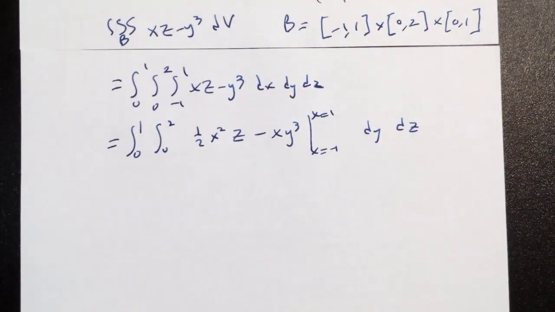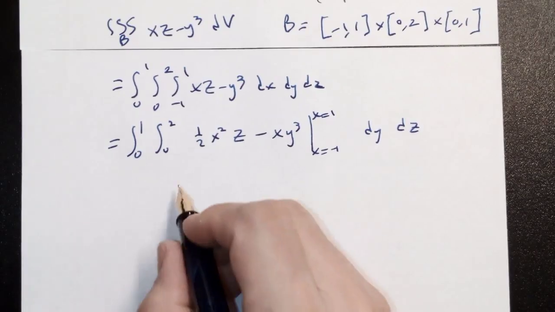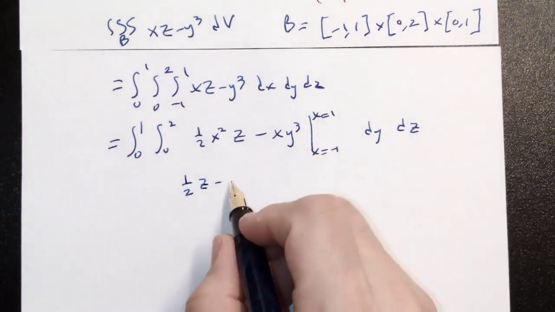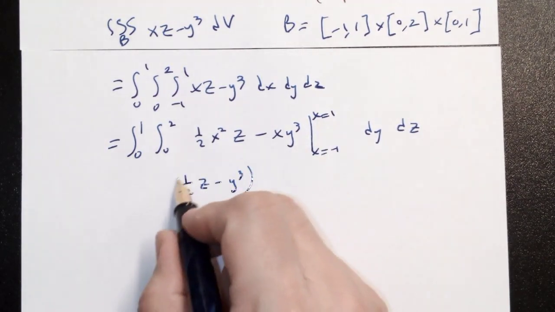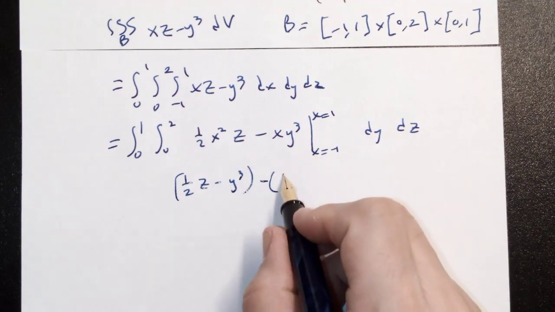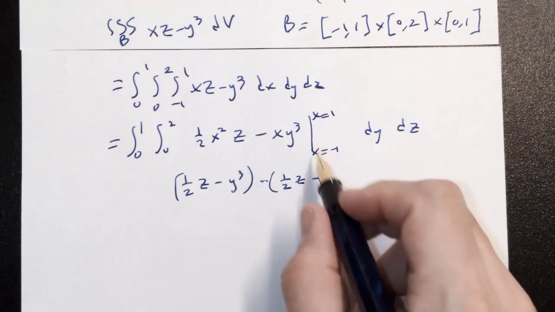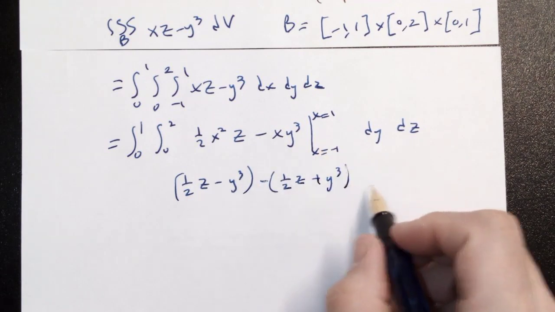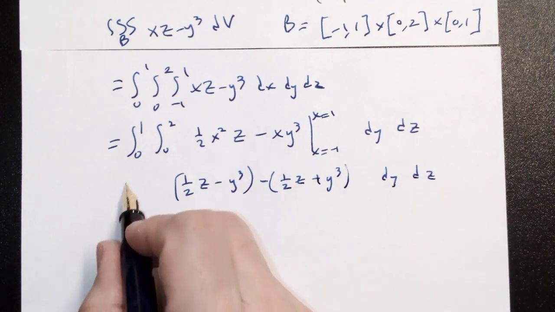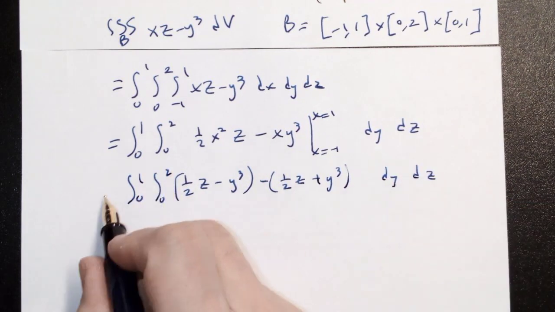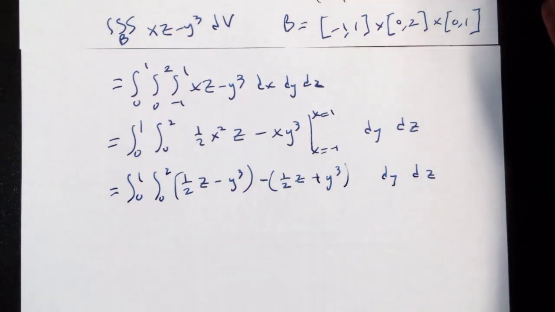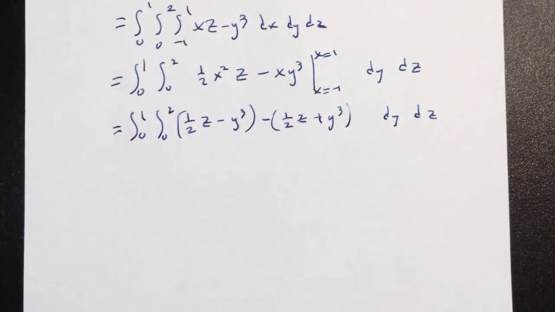One half times 1 squared is 1/2. So I get 1/2 z minus 1 y cubed, minus, put in -1. 1/2 times -1 squared is 1/2. Minus -1 makes that a plus y cubed. What happens?